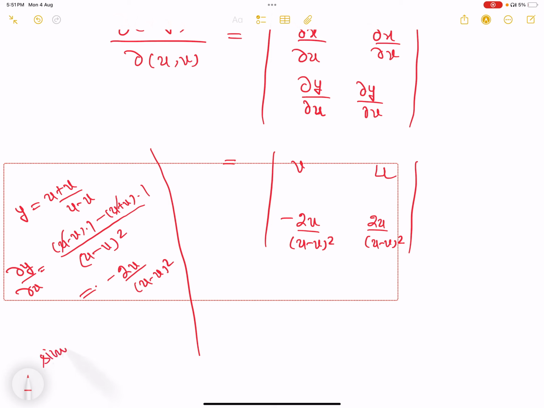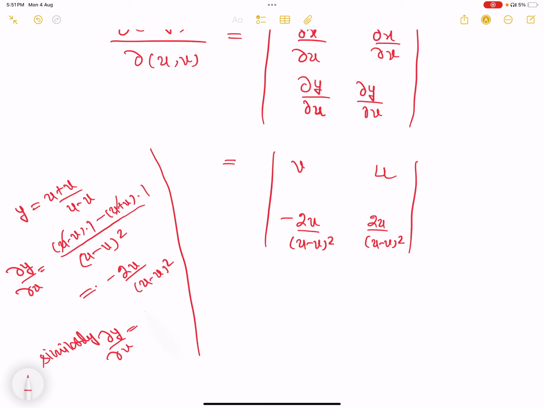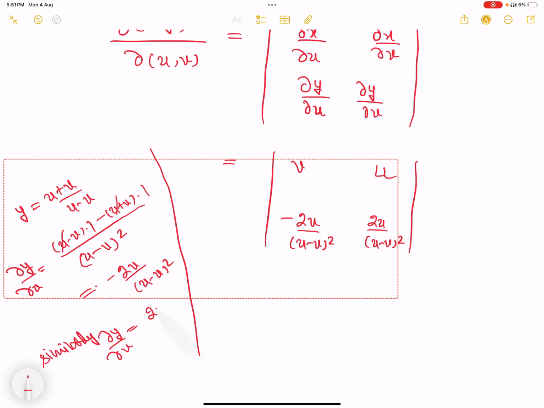Similarly, we can calculate del y upon del v.